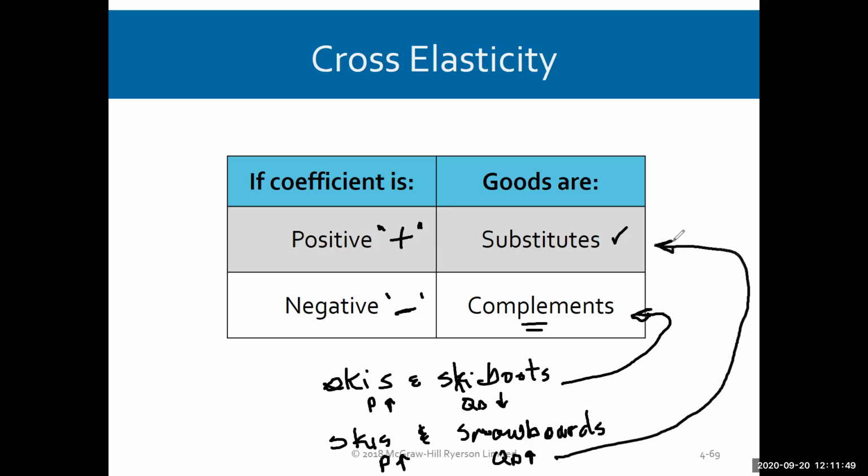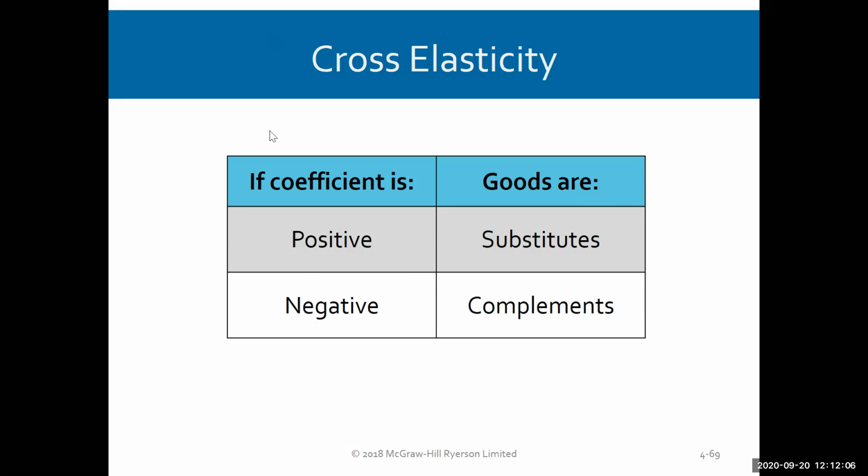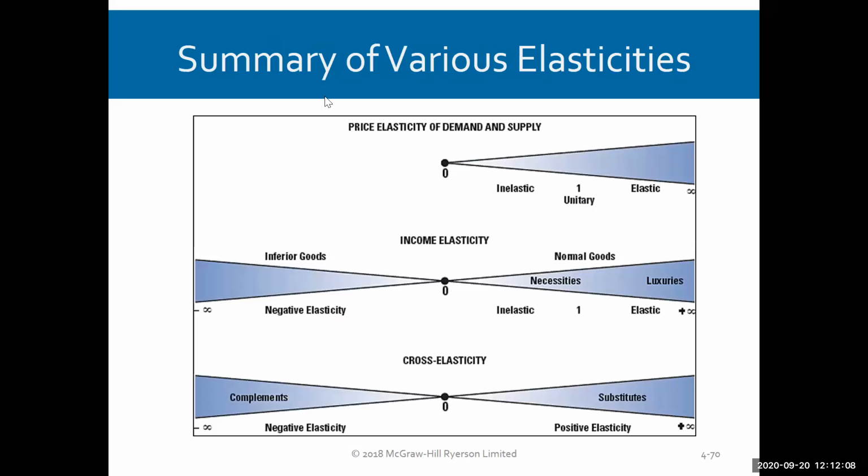Those are substitutes. Okay, so make sure that you can see that. The positive and negative relationship when you calculate elasticity, what does it mean? Let's look at a nice summary slide of all elasticities. So we're going to do that on the next slide right now. And it includes all elasticities, not just cross elasticity.